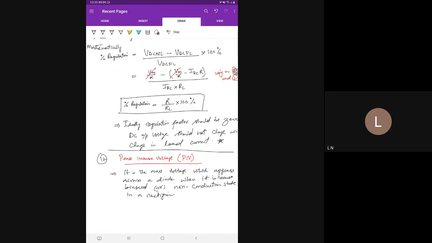So peak inverse voltage is the maximum voltage that can be applied on a diode when it is not conducting, or when it is reverse biased, because in reverse bias the diode does not conduct.